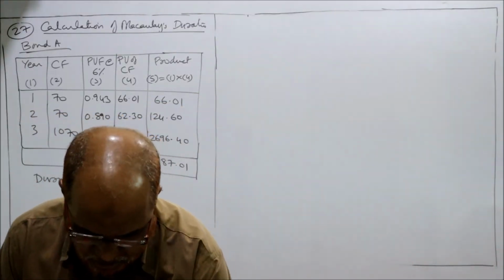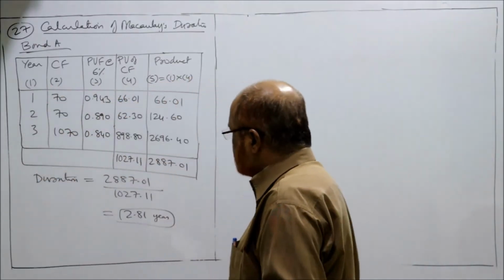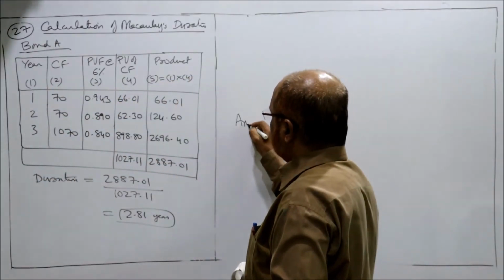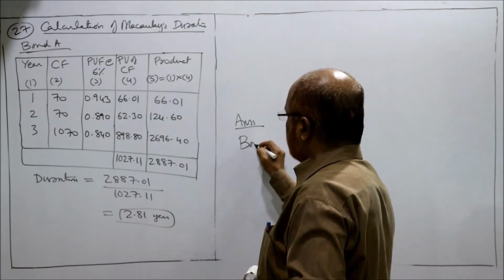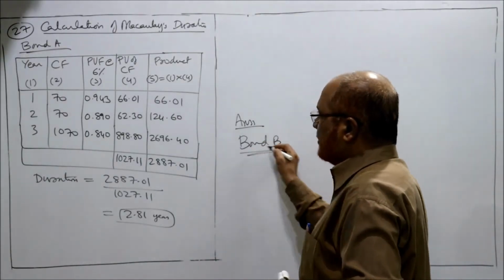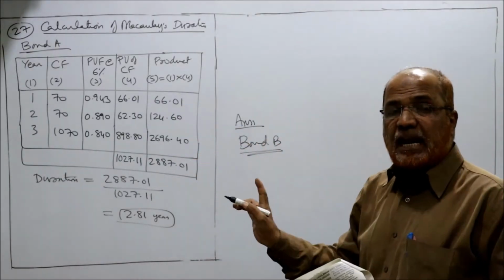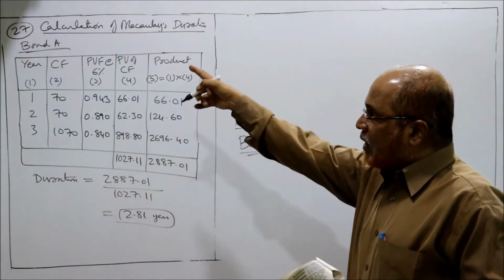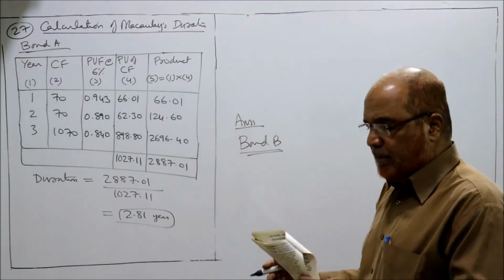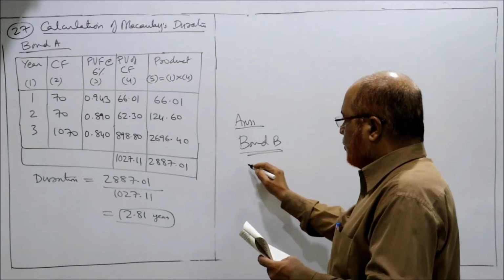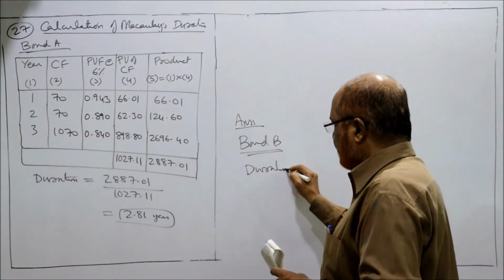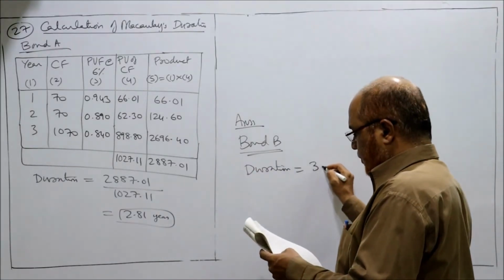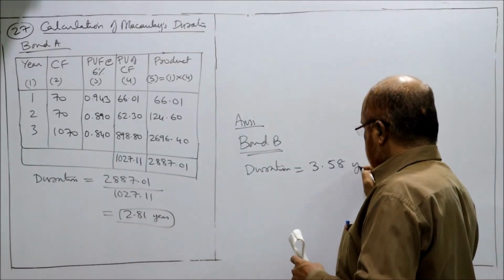Now bond B duration, you have to do it yourself. So the answer for bond B: you have to do it yourself, just like bond A. As we calculated in bond A, we will calculate in bond B in the same way. You will get duration equal to 3.58 years.